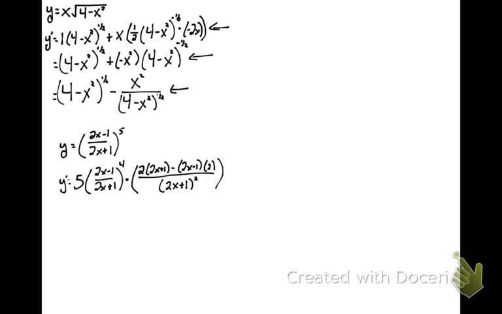So again, in one sense this is correct. In another sense we can try to simplify this. I'll simplify it a bit. So I've got 5 times ((2x minus 1) over (2x plus 1)) to the fourth times, the numerator is going to end up being (4x plus 2) minus (4x minus 2), so it'll end up being 4 over (2x plus 1) squared.